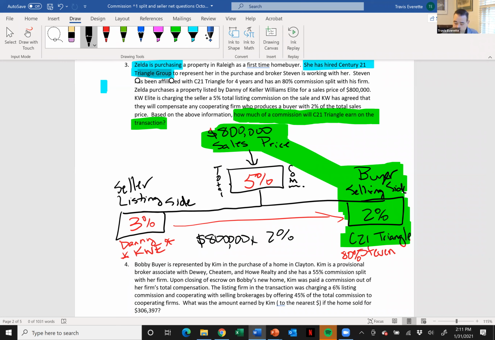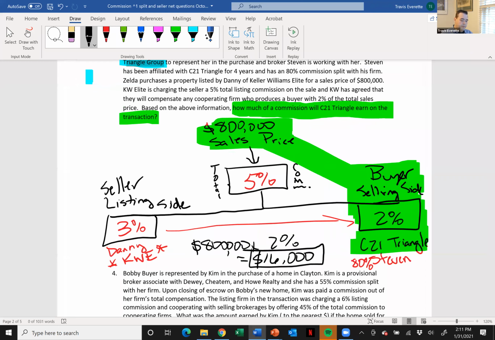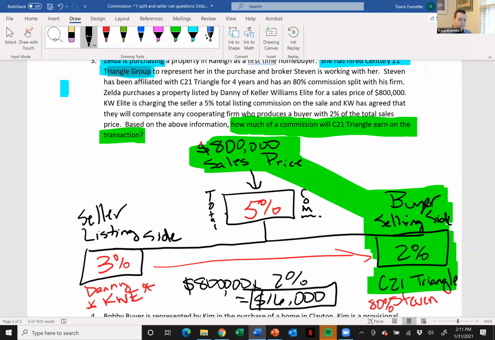And if I do the math on that, I believe it's going to be 16,000, but I will check my math in my calculator just to be sure. It is $16,000. That is the commission to that side of the transaction.